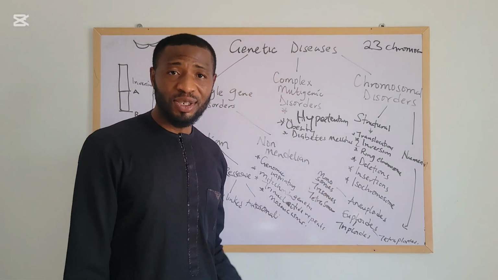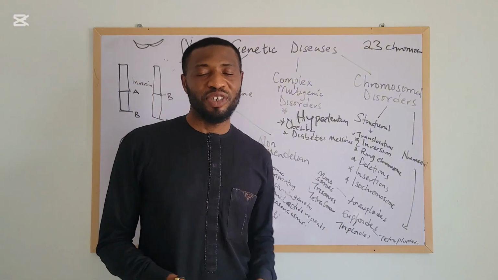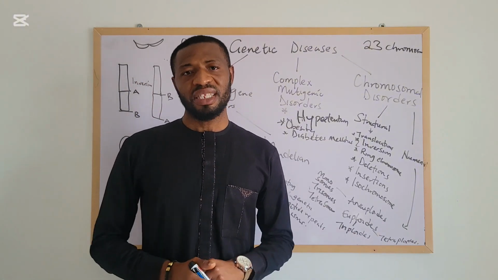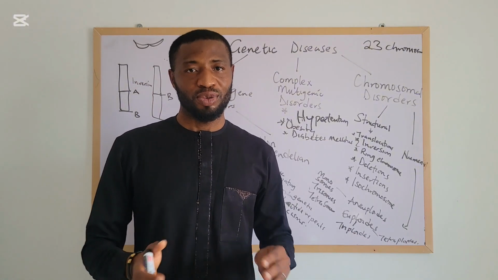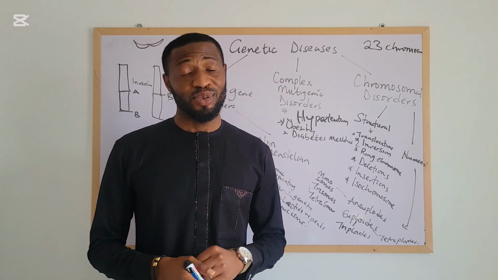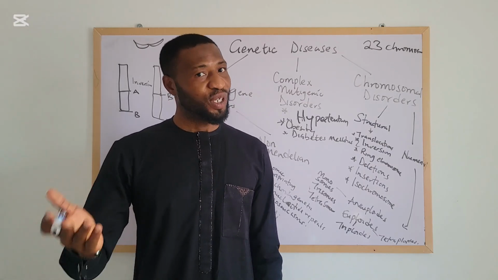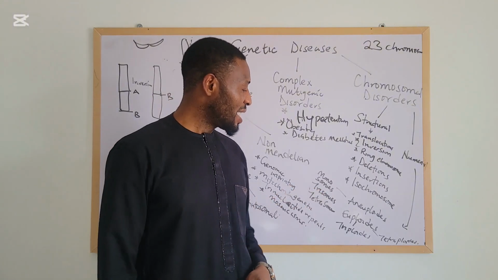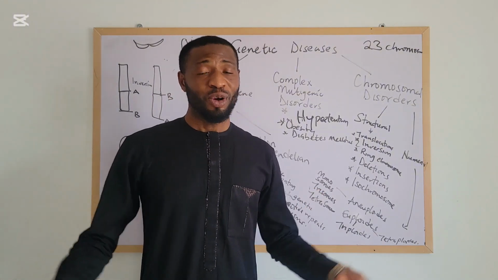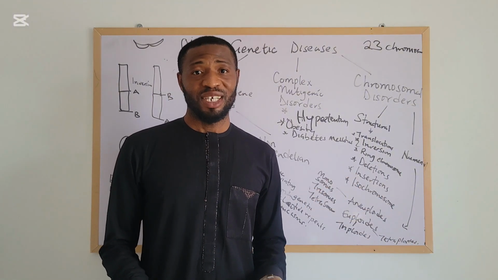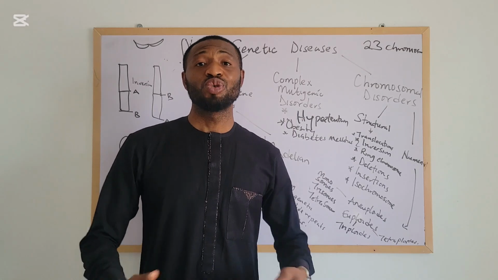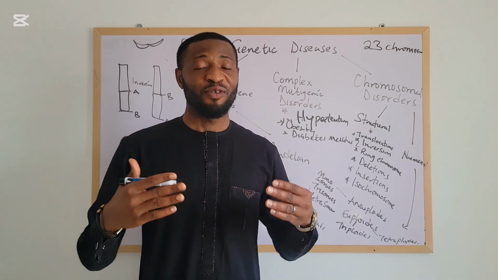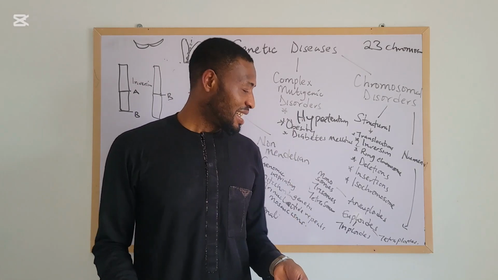And then we have trisomies, where there's an addition of a chromosome to its pair. One classical example is trisomy 21, what we call Down's syndrome. And then we have tetrasomies also, where one chromosome, instead of having a single pair, has two pairs. So there are 4 chromosomes in that case.